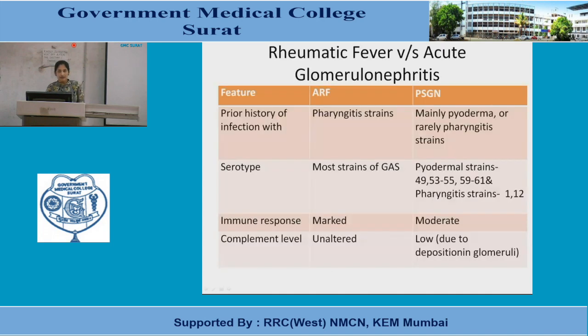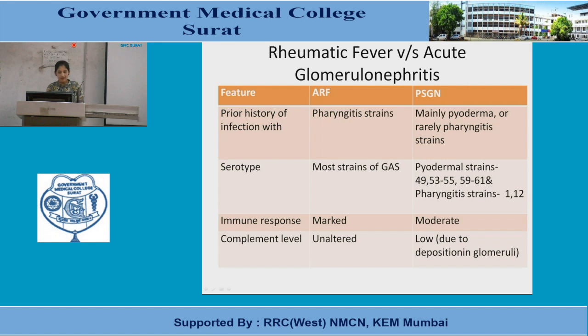So these are the differentiating points between acute rheumatic fever and PSGN. In acute rheumatic fever, a prior history of pharyngitis must be there, with pharyngeal strains like 1 and 12 involved, and in case of PSGN mainly pyoderma is the previous history.